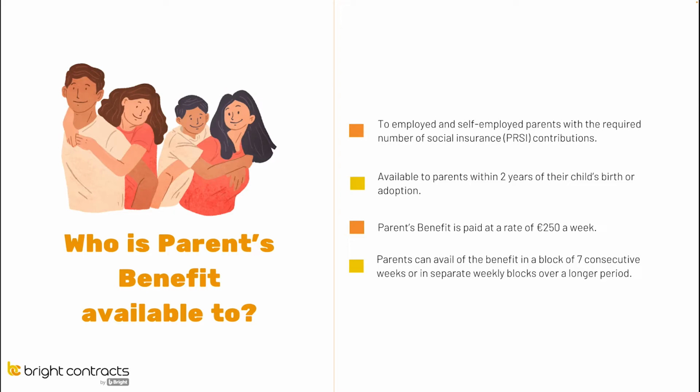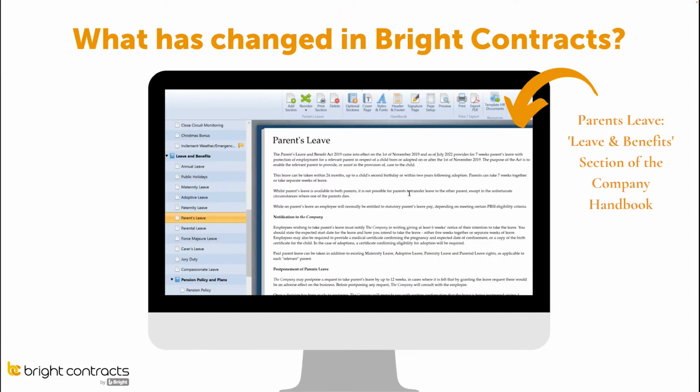It will be based on the individual. The quickest and easiest way to apply for parents' benefit is online via mywelfare.ie. We have recently changed the leave and benefits section of our company handbook to reflect this increase in parents' leave, so that can be viewed in our software.